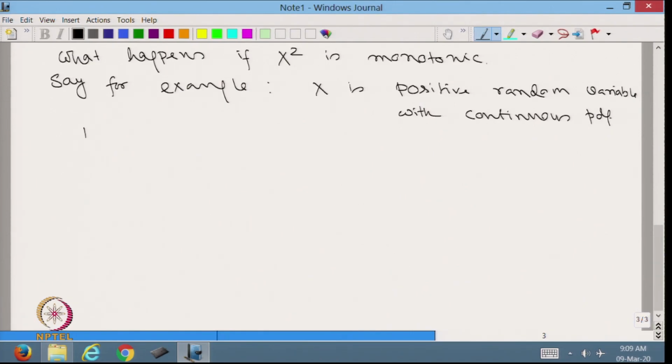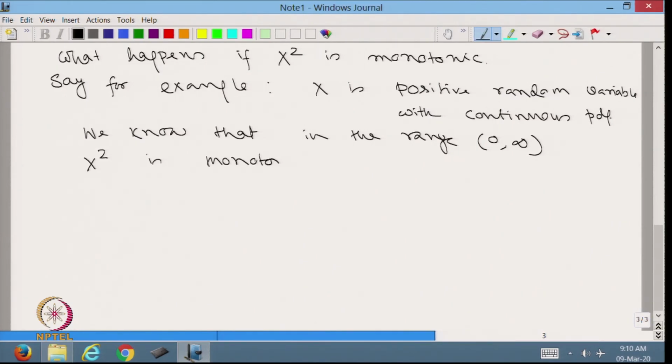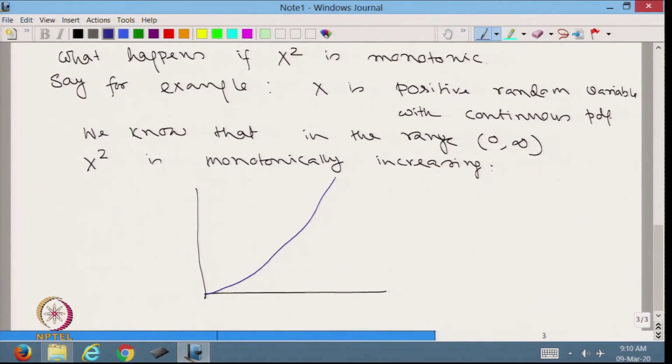Now, we know that in the range 0 to infinity, x square is monotonically increasing. So, if this is the graph, x square is monotonically increasing.